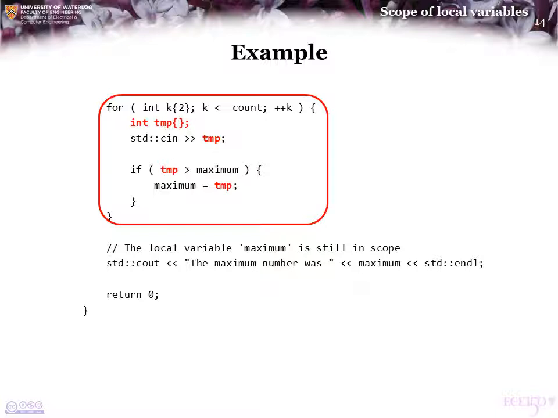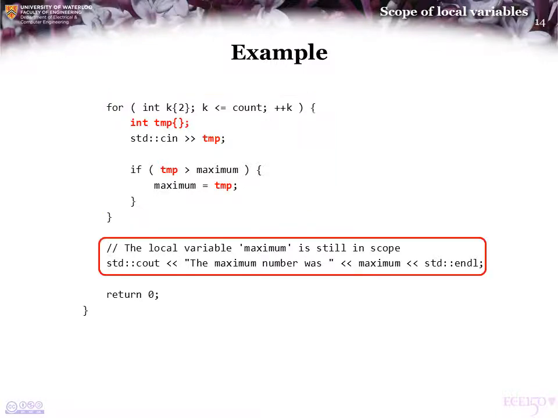If this local variable is greater than maximum, I will assign maximum to be that value. At this point, the local variable maximum is in scope, while the local variable temp is now out of scope, as is the loop variable k. I can then indicate the maximum value that was entered and subsequently use that local variable.